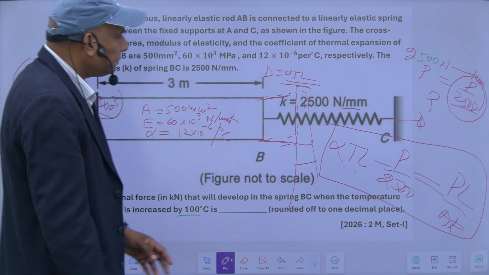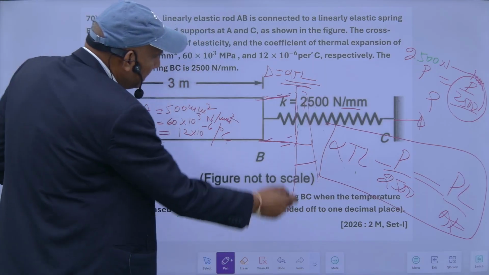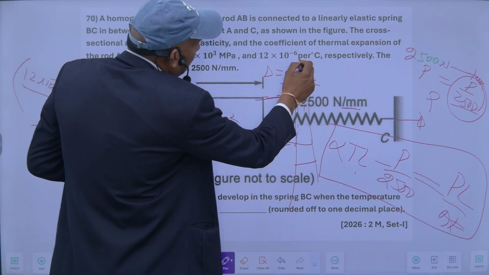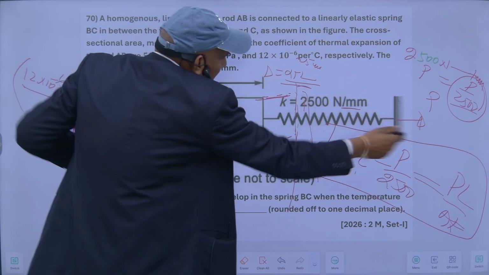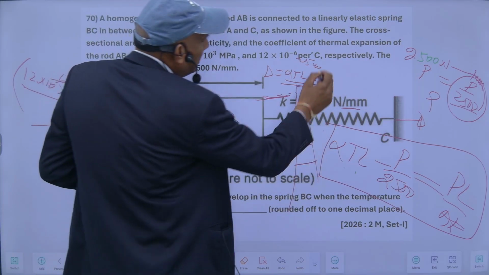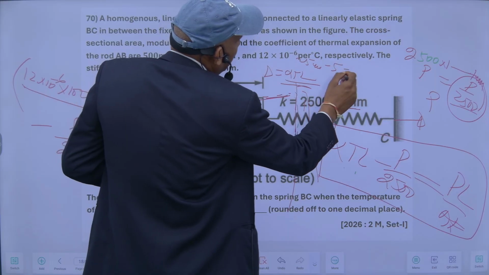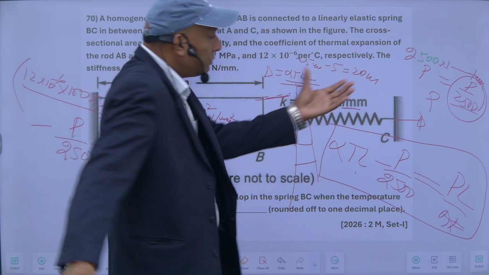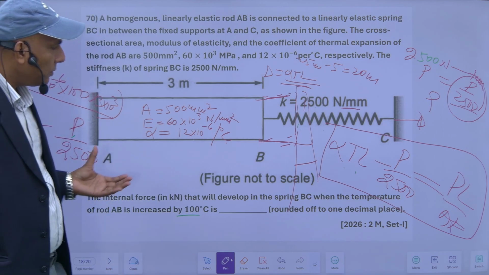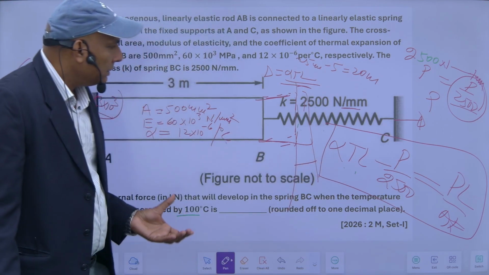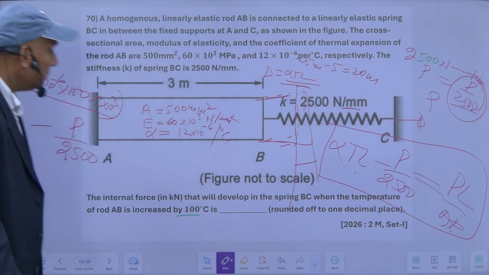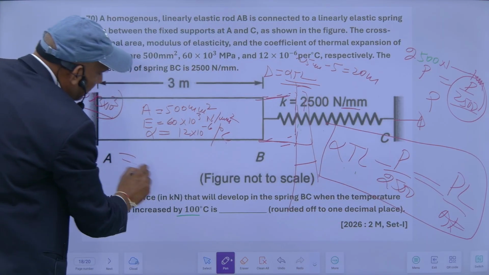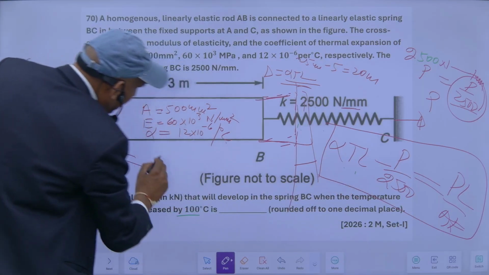This is in mm. Suppose my thermal expansion is 25 mm, and this spring will provide some flexibility, suppose 5 mm. So for this 25 mm, my thermal force will be required because this has to be neutralized. So this minus this is equal to PL.